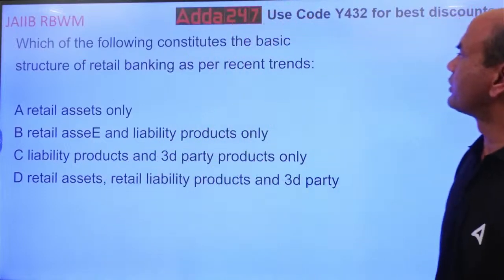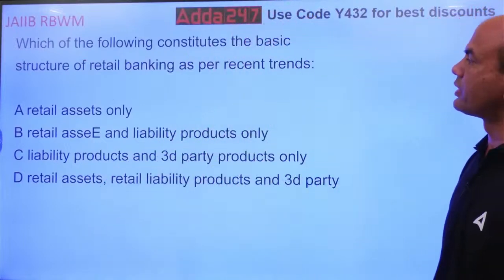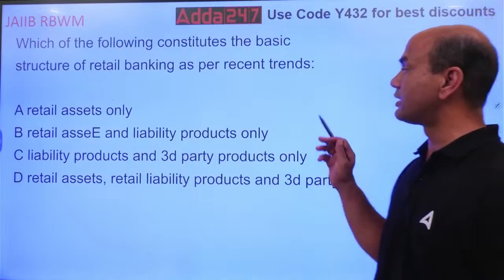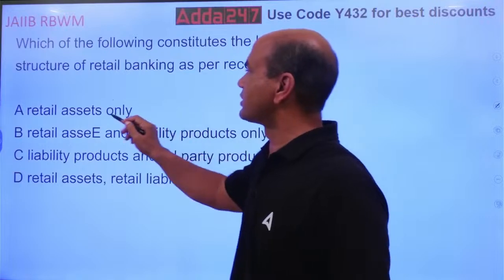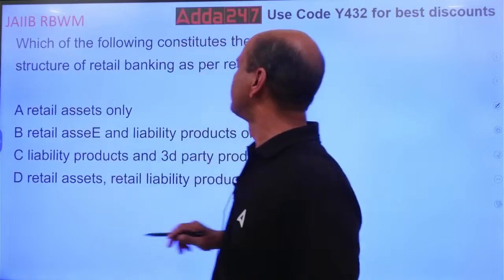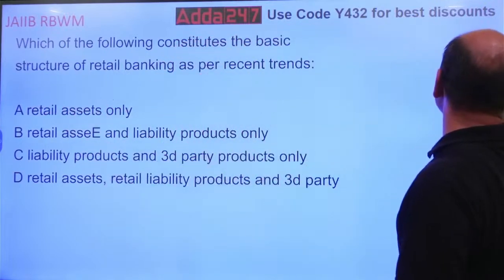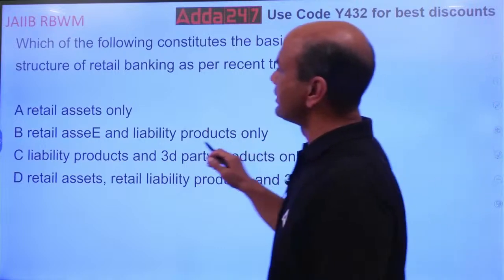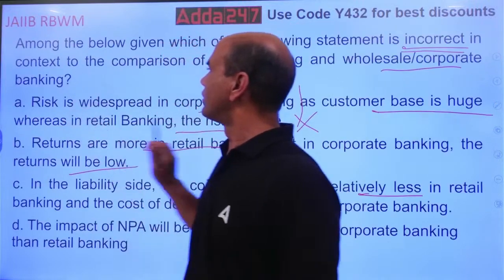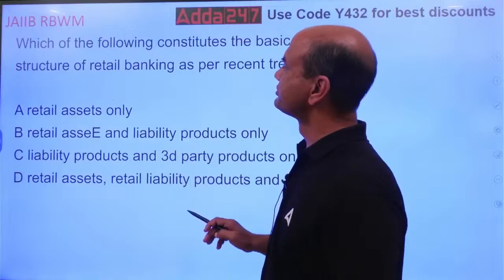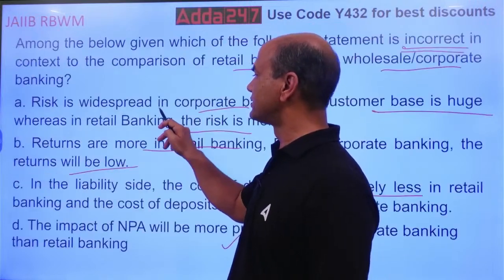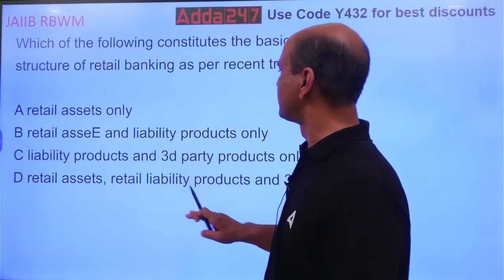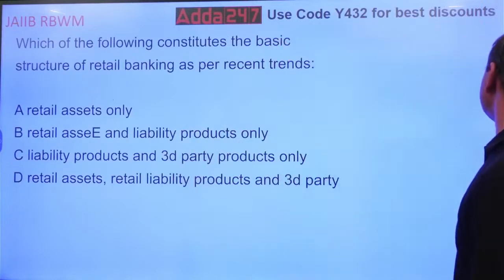Which of the following constitutes the basic structure of retail banking as per the recent trends? Basic structure. So what is the basic structure of retail banking? Is it retail assets only?